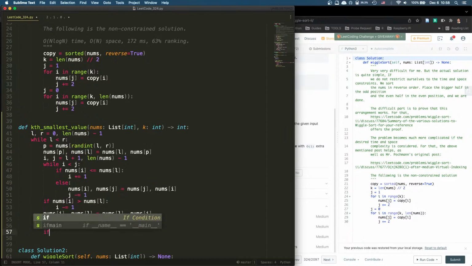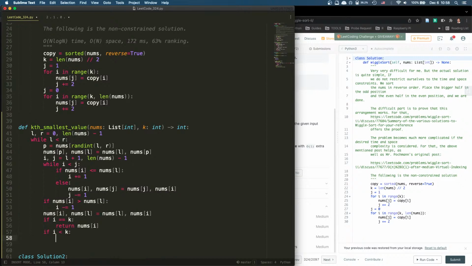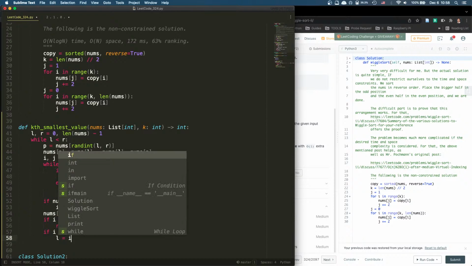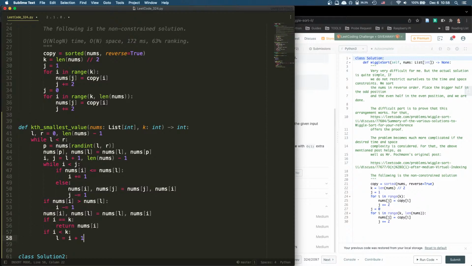If not, say if i is smaller than k, then the kth will be on the right side, right? Then we just say L equals i plus 1. Else, if i is larger than k, then we need to go R equals i minus 1, right?